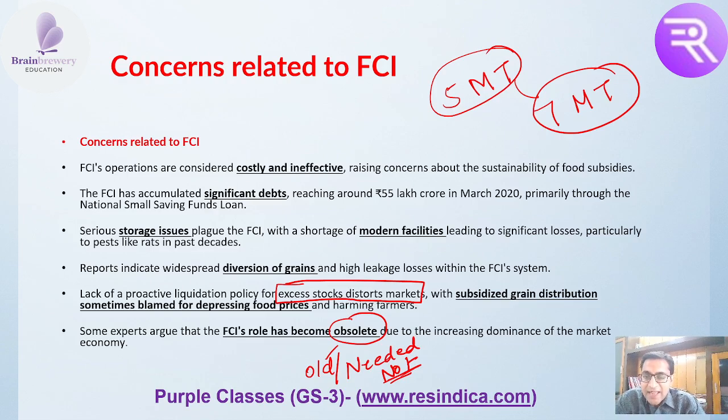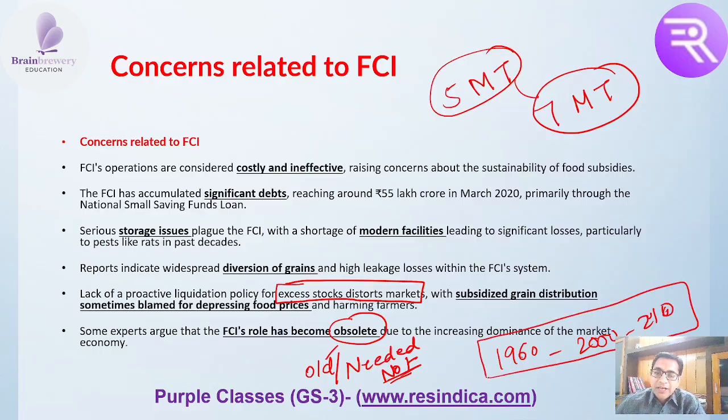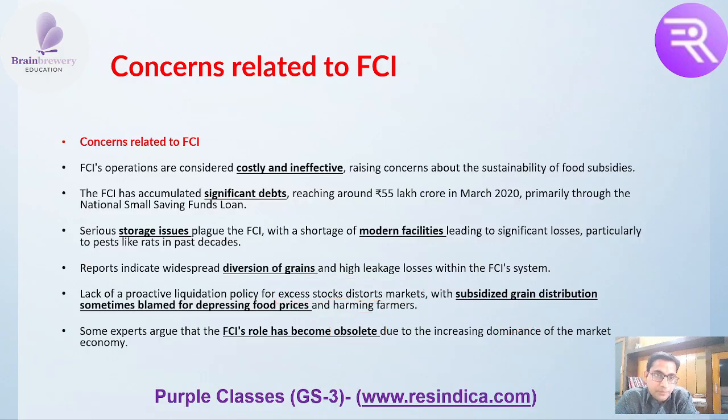So the role of FCI has to be changed to suit the demands of the upcoming markets. From the 1960s to 2000, 2010, the FCI role was to store and distribute food grain to needy people. But as we are moving towards self-sufficiency and people are coming out of poverty, in the future the FCI role will become obsolete. So we need to re-energize the FCI with a new type of role.